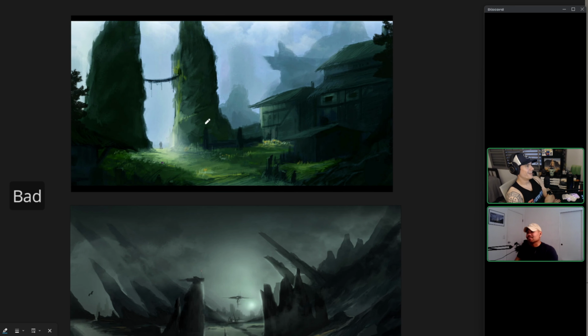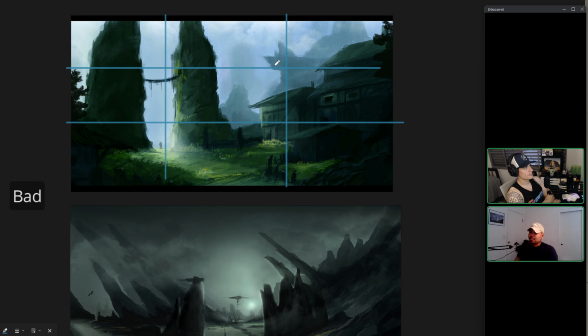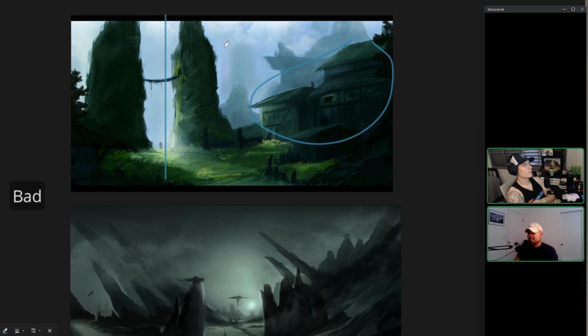Off the bat, we can see that I tried to do a rule of thirds type of thing, but the thing we need to keep in mind about composition is that we want to make sure elements aren't the same size. We want to vary up the elements. These houses right here are kind of the same size as this mountain.